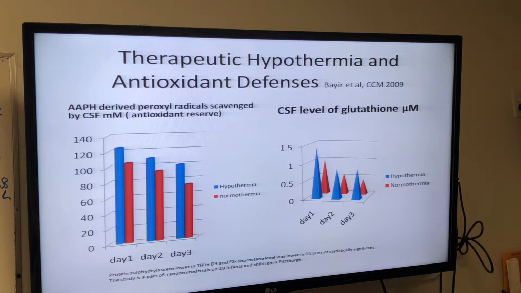But just to tickle your brain, on the first 3 days, they took the CSF and did what they call antioxidant reserve, like putting peroxide radicals on it and finding if the CSF is able to scavenge peroxide radicals to what level. And they found there's higher ability of the hypothermia CSF to scavenge those free oxygen radicals than the normothermia CSF. And also they found the level of glutathione is higher, which is saying the same thing basically.